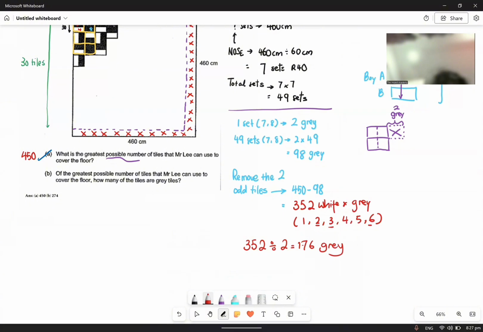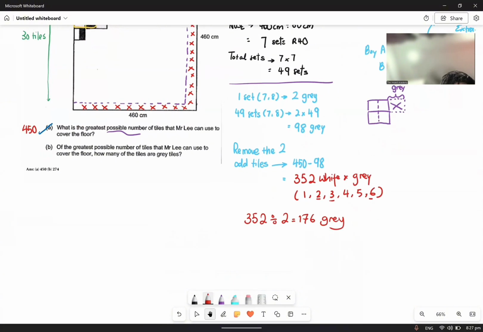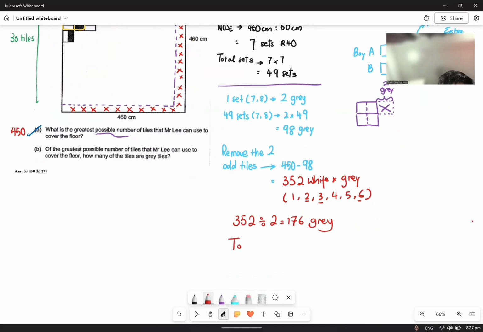That means I have 176 gray. Am I making sense? Then you need to take 176 plus 98. Correct, because the question asks us for the total gray tiles. Am I making sense here? When I do 176 plus 98, I will therefore get to an answer of 274 gray tiles. And therefore, this is my answer for this question.